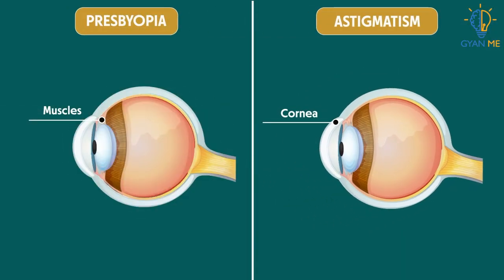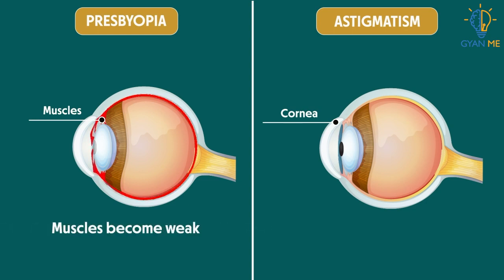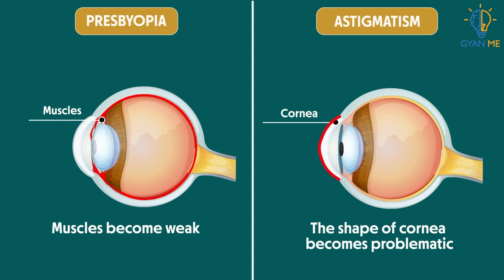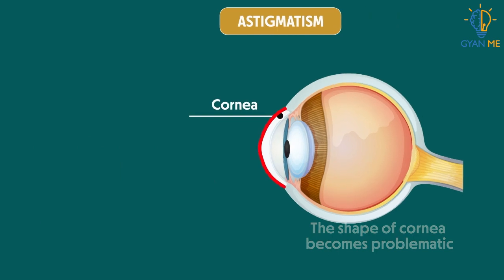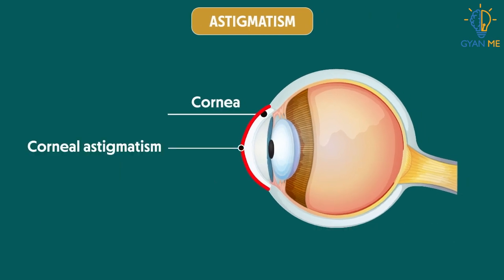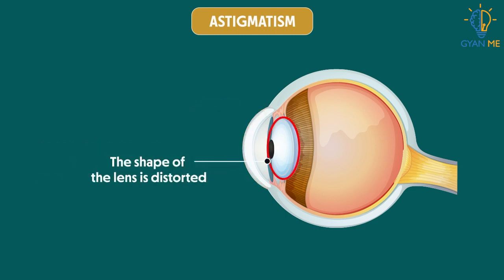In presbyopia, muscles become weak, and here, as I told you, the change in the shape of the cornea or lens becomes problematic. When the cornea has a distorted shape, it is called corneal astigmatism. When the shape of the lens is distorted, it is called lenticular astigmatism.